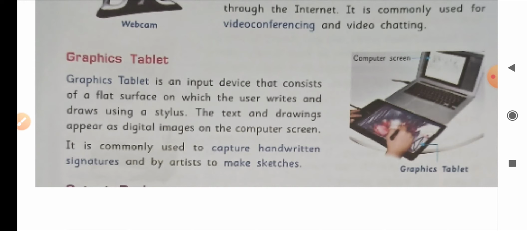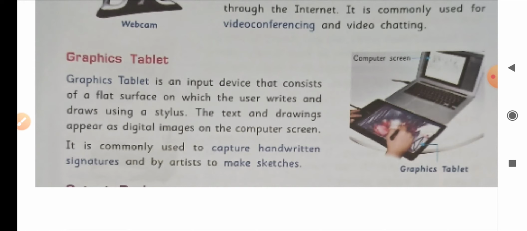So this graphic tablet is just like a slate. You have all used a slate. This is a flat surface on which a user can write. Now we just learned about stylus, so by using stylus we can write or draw on the screen of this graphic tablet.